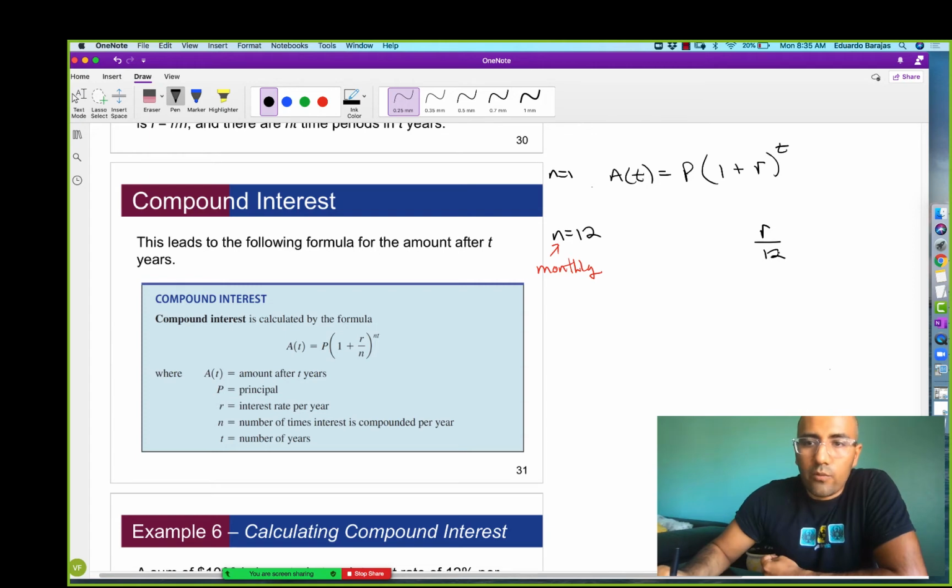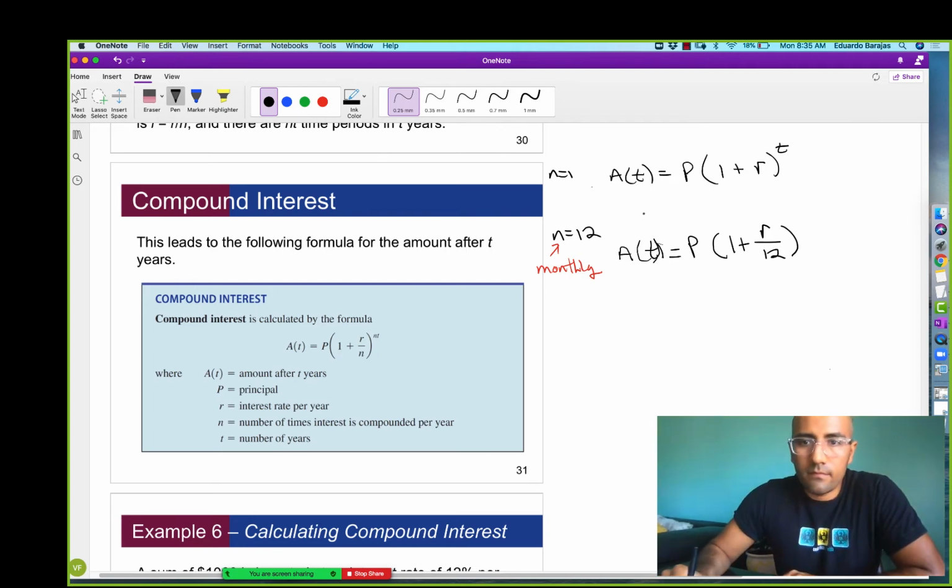And that'll give us the rate per month. So that means that this right here now is the interest rate per month.